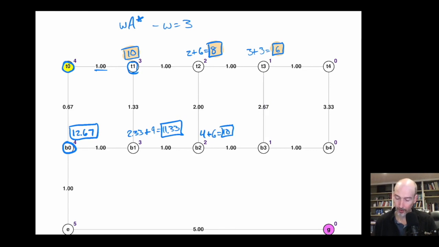Okay, so we're expanding here, and now we're going to be looking at these two paths right there. So here we've got a G cost of 1, 2, 3, 4, and an H cost of 0. So here we have a priority of 4. And then we have 1, 2, 3, 4, 5, 6.67 plus 1 times 3 is 3, is equal to 8.67.